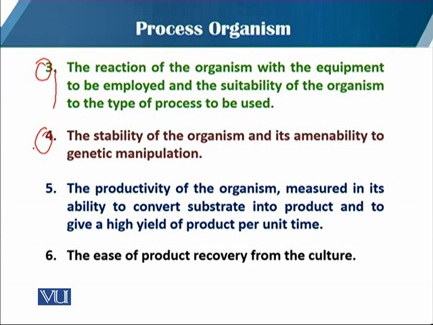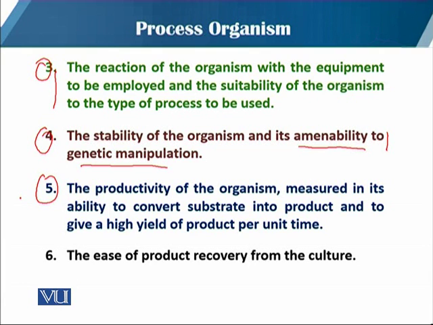Sometimes we select an organism that is not stable and loses its ability to produce the product with the passage of time. On the other hand, if we want to improve the strain, the organism must be amenable to genetic manipulation.